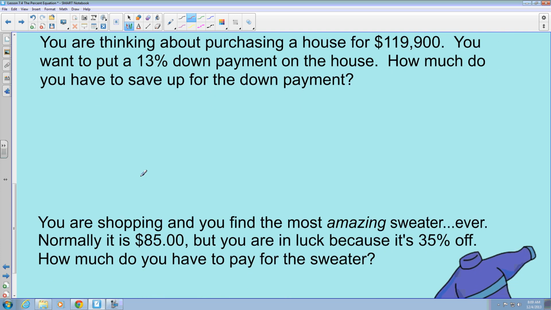It says you're thinking about purchasing a house for $119,900. You want to put down 13% as a down payment. How much do you have to save up for the down payment? Again, this is the whole, this is the percent, and I need to find the part. So it's x over 119,900 equals 13 over 100.